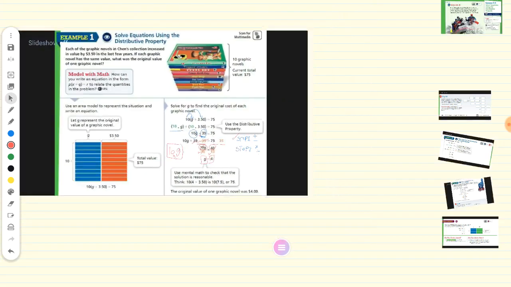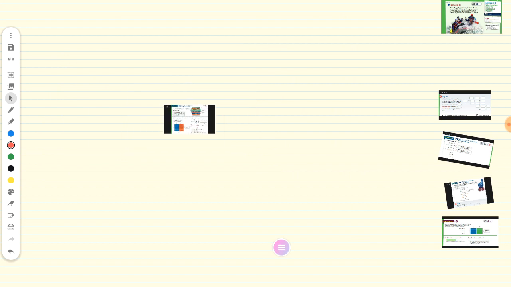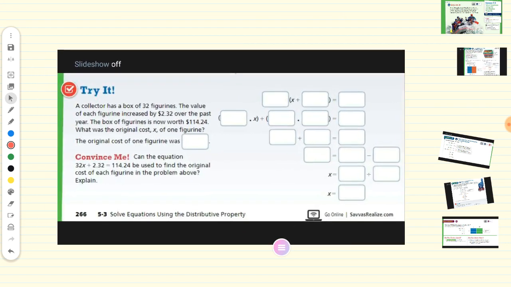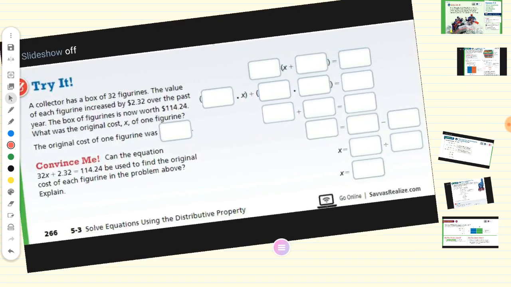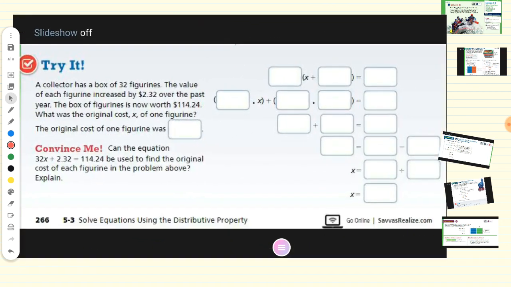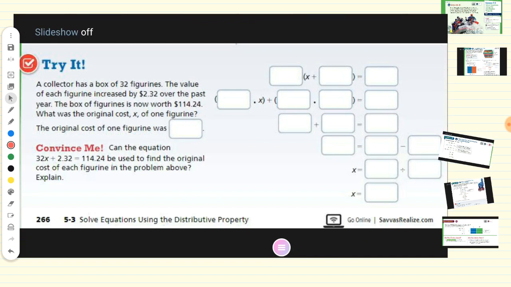Let's solve the next one. A collector has a box of 32 figurines. The value of each figurine increased by 2.32. So I have a value of the figurine, but I don't know it.